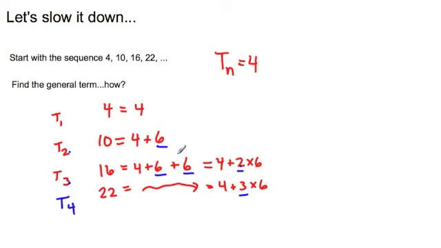So it's always one less, or one fewer, if you will, than the numbers I had before. So to this equation, I'm going to add, I take whatever number in the term, and I subtract 1 from it in order to get the number of 6s that I would then multiply.